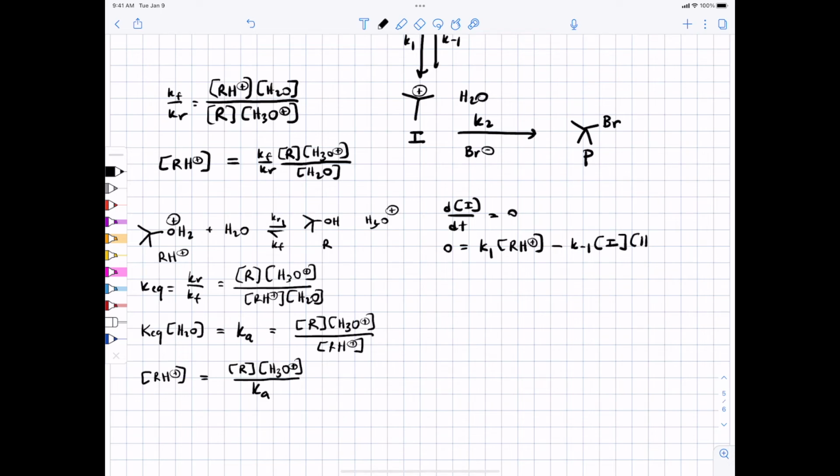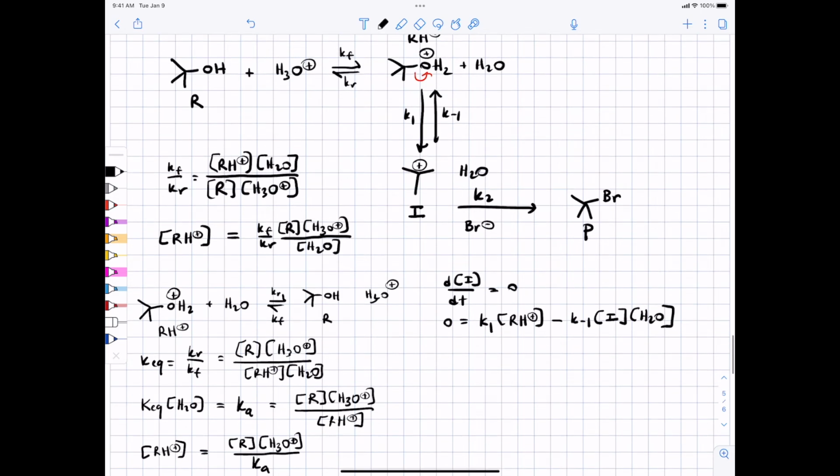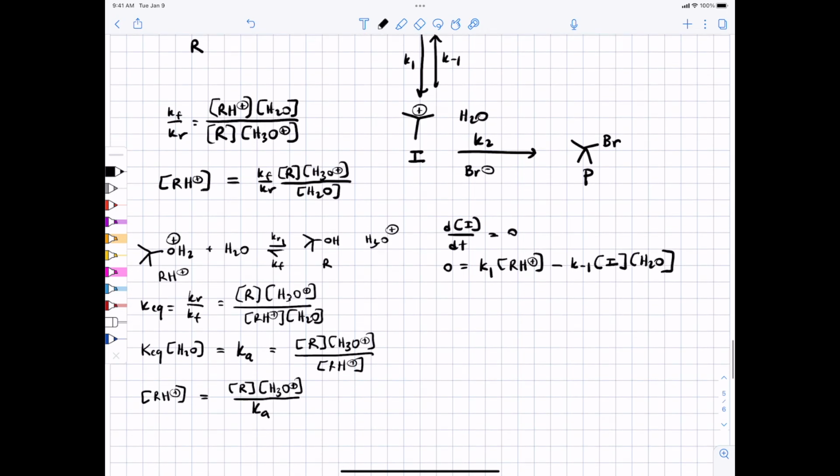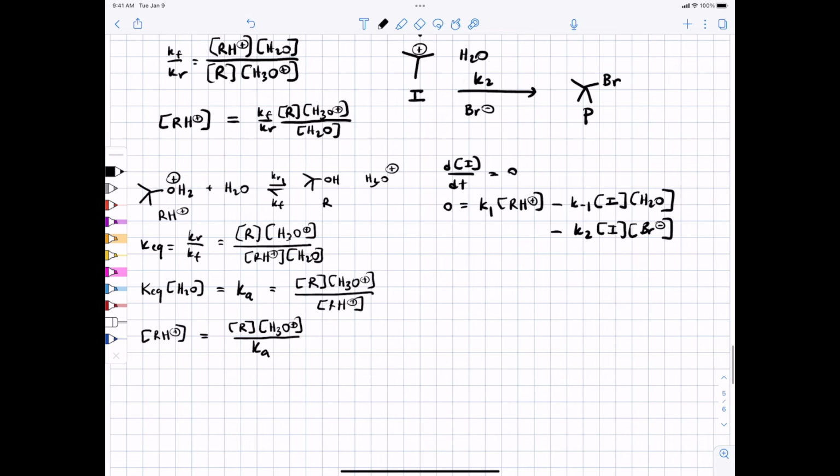K minus 1 times the concentration of intermediate I times the concentration of water leads back to protonated alcohol. And then the next term that reduces the concentration of I is K2 times I times Br concentration. All right.